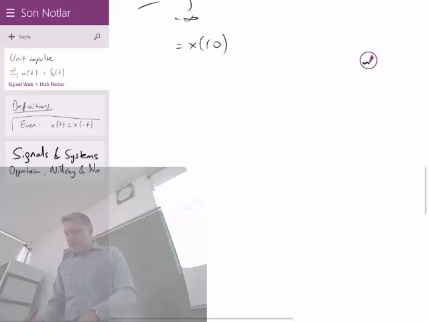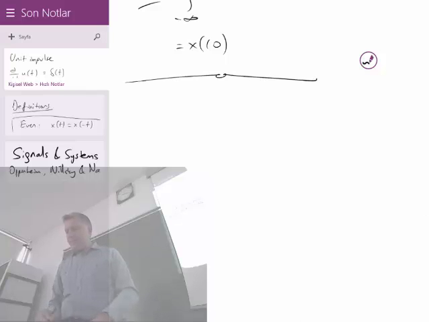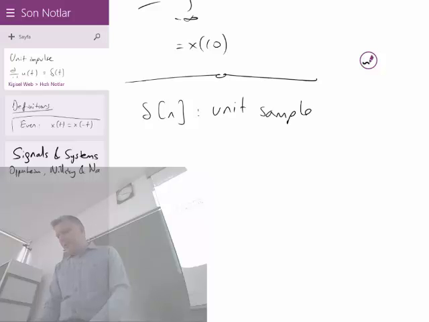Now, as a side remark, this is the continuous time impulse, delta t, but we also have delta n, which is notated as unit sample this time. Or you could again say a unit impulse, but this time it's in discrete time. And in discrete time it's quite simple.